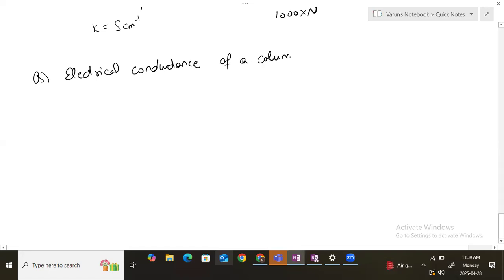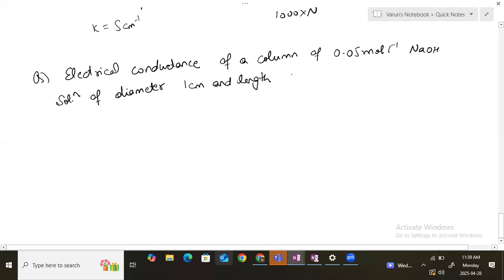The electrical conductance of a column of 0.05 mole per liter NaOH solution, of diameter 1 centimeter and length 50 centimeter, is 5.4 into 10 to the power 3.